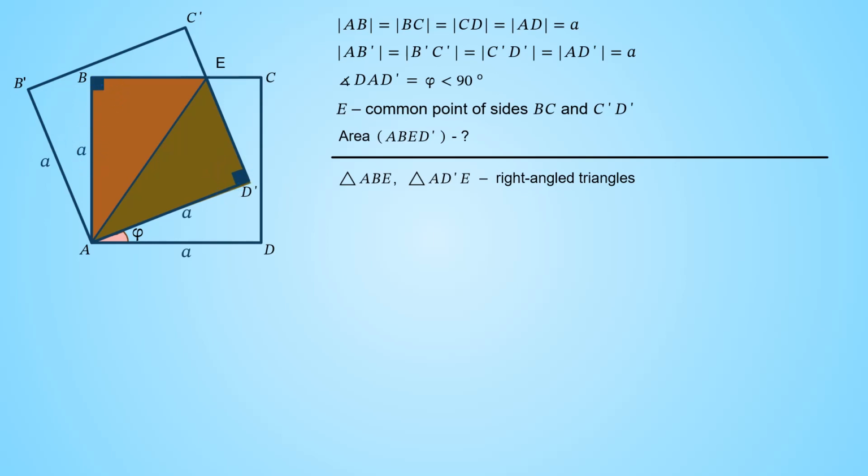Sides AB and AD' have given length A, and if we can evaluate acute angles BAE and D'AE, we can find the areas of the triangles and the area of quadrilateral we need. Try to continue from here.